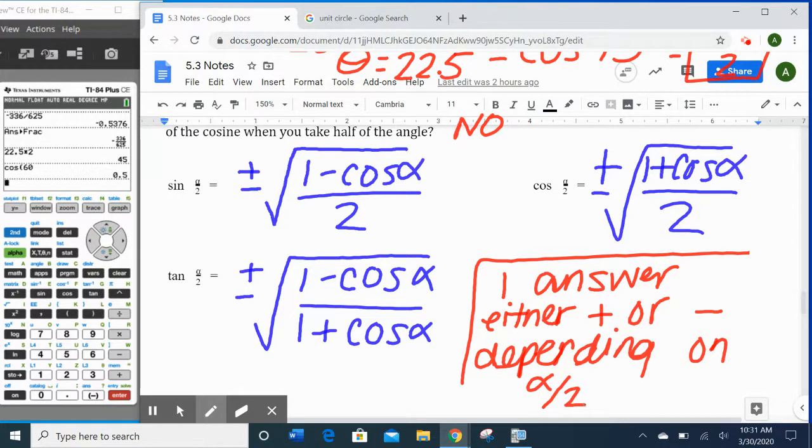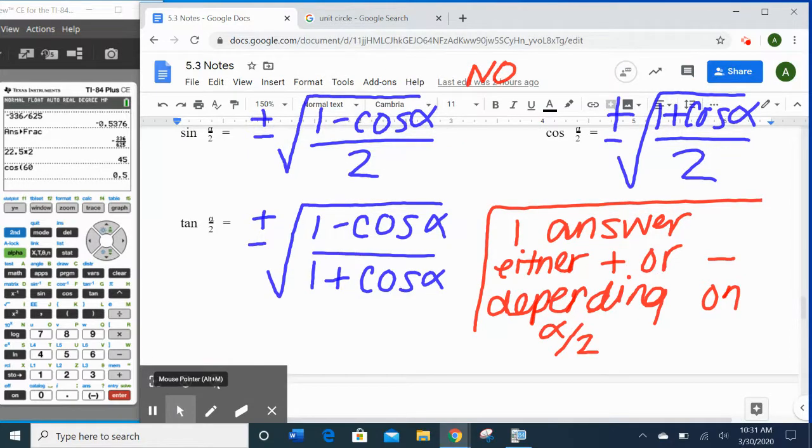So maybe jot that down or just make note that it's not that there are 2 answers, it's either positive or negative. And at this point, I'll say kind of simple version, try both. And if the positive answer is wrong, try the negative answer. We'll talk about how to determine it on the first try, but you can guess and check here.